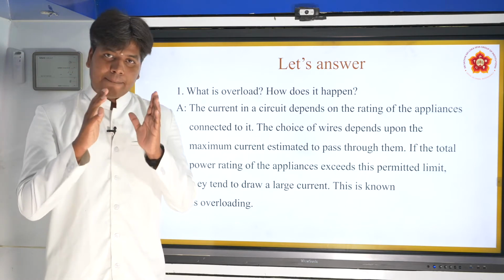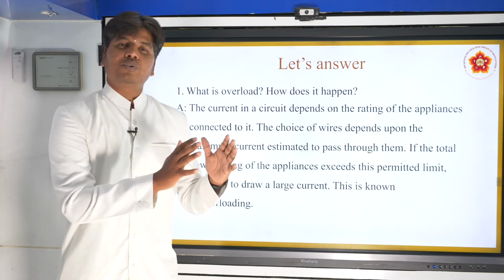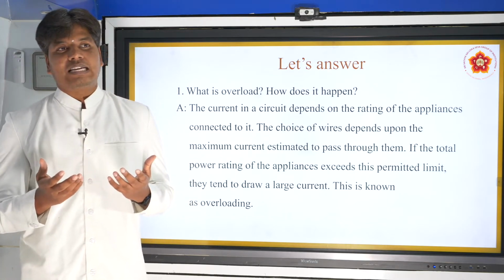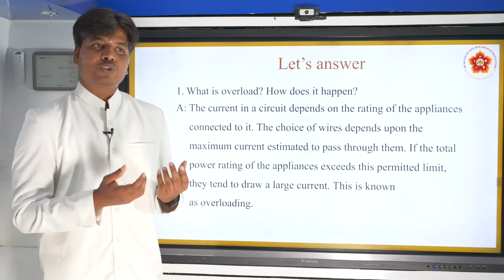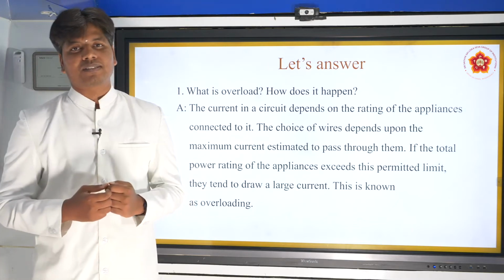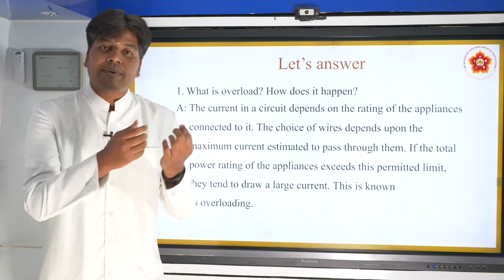If that appliance which wants 10 amperes is connected to a 5 ampere circuit, what happens? It wants 10 amperes, so it drags 10 amperes out of the thin line of 5 amperes. So it overloads the 5 ampere wire.